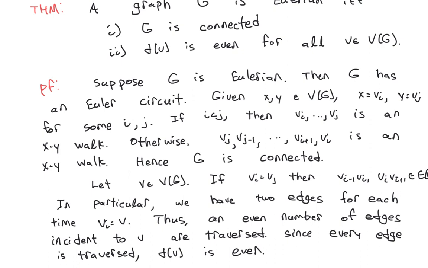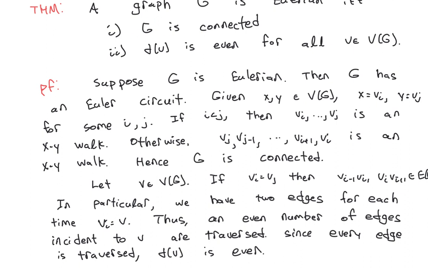If we suppose for a moment that i is strictly less than j, then if you follow the circuit starting at Vi+1 to Vj, then it turns out you get an xy walk. And as established previously, if you have an xy walk, then you have an xy path. And so in particular, given any 2 vertices, they are connected by a path in an Eulerian graph, so our graph must be connected. So that clears up the first condition.